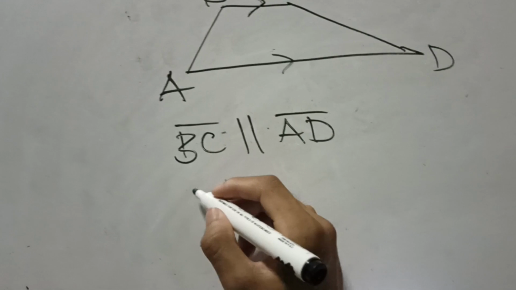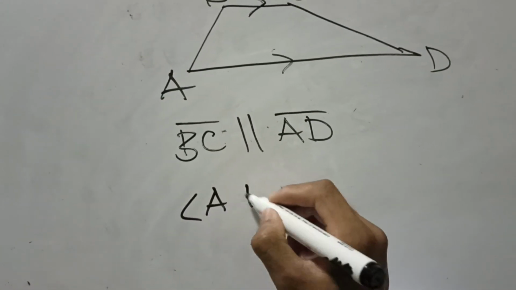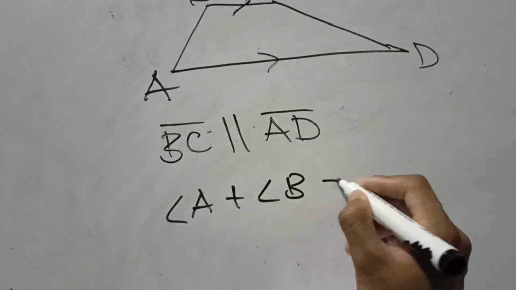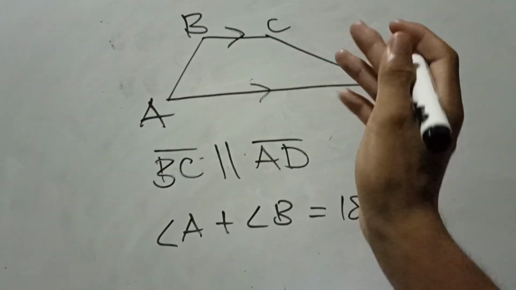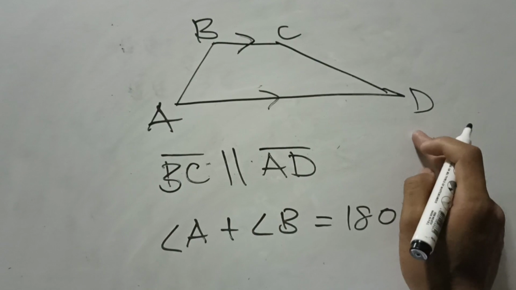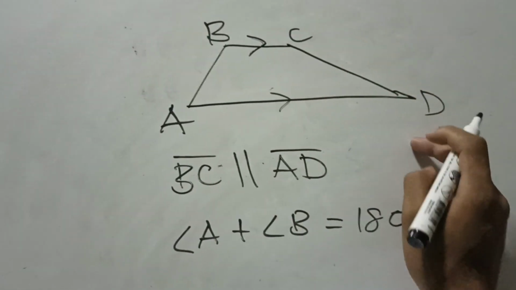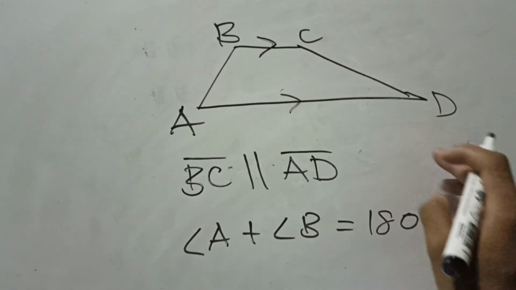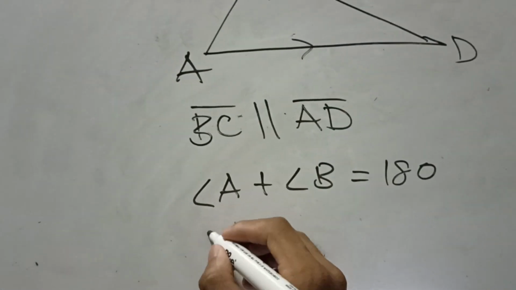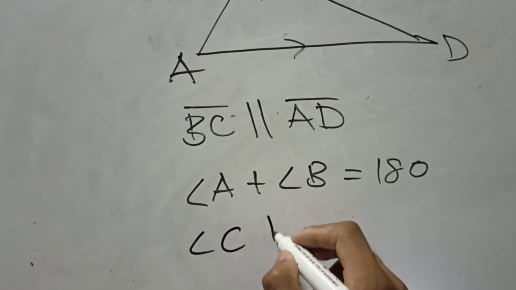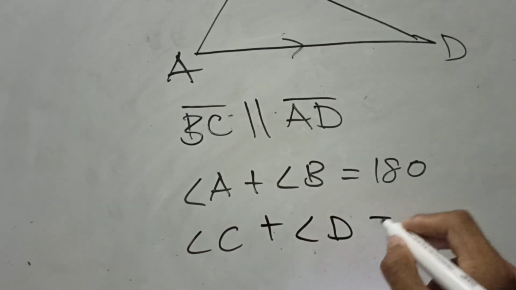We can write that as angle A plus angle B is equal to 180. Same goes for angle C and angle D. They are supplementary. If we add them to each other, it will be equal to 180. We can write that as angle C plus angle D is equal to 180.